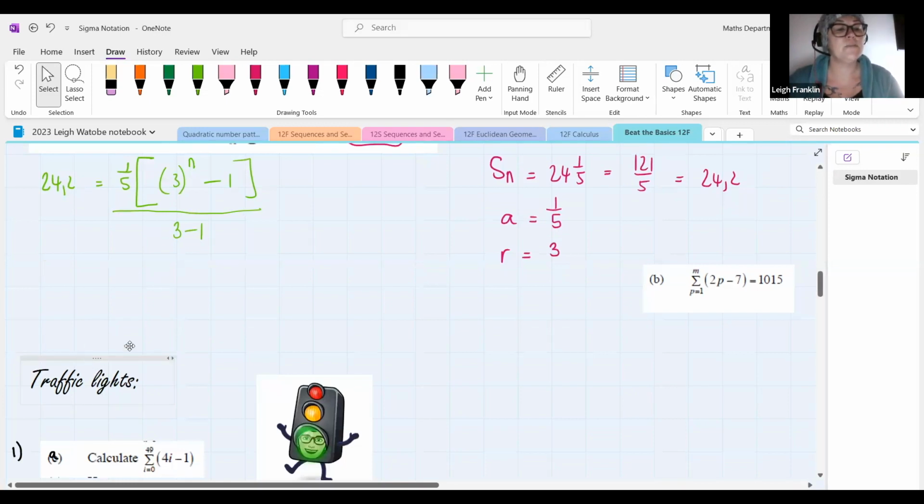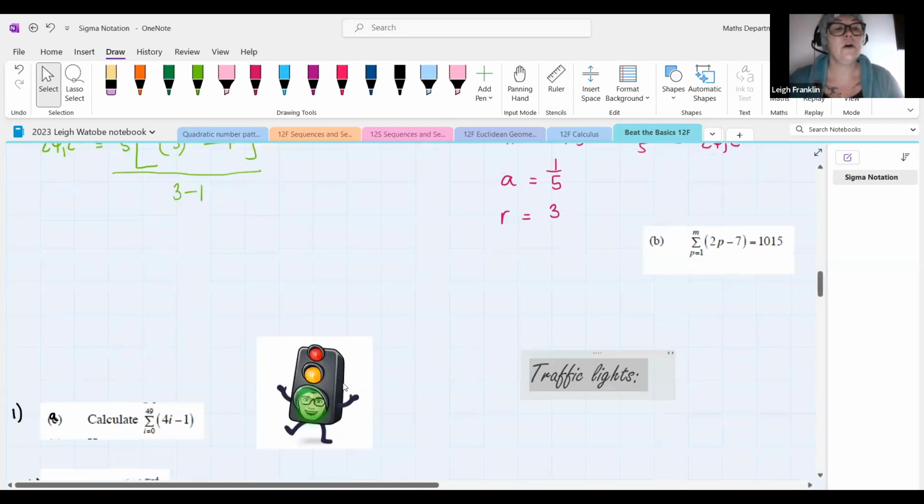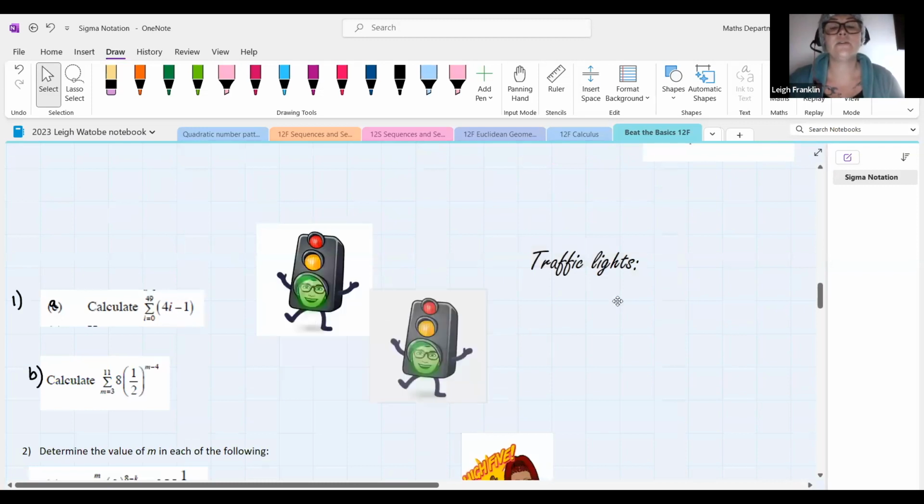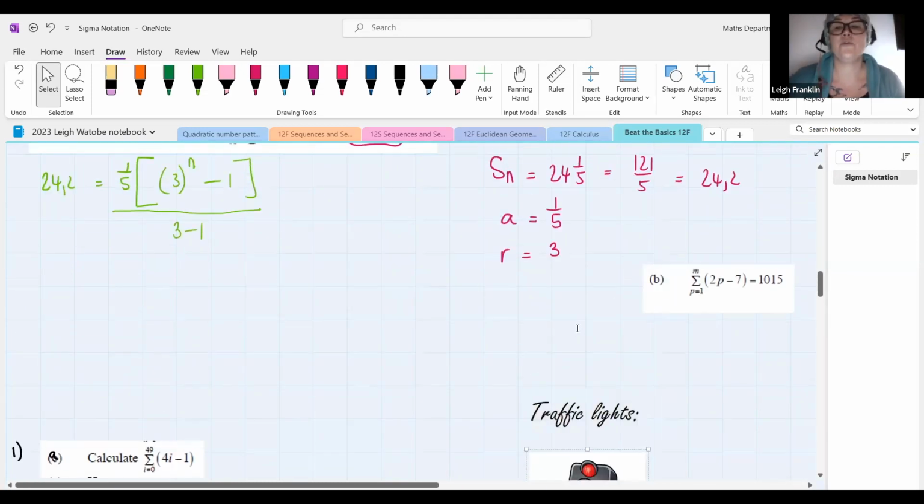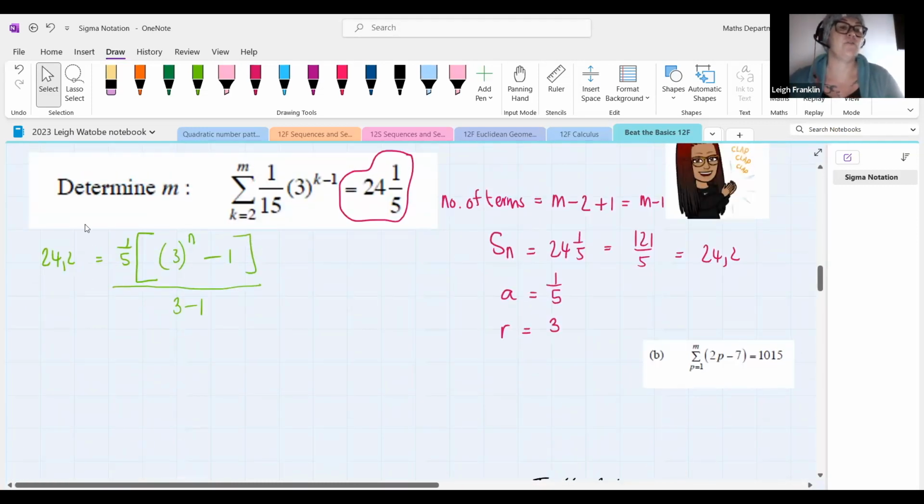I know you guys have been through this before in class with your teachers at school, but let's just go through this again. The first thing that you want to do, remember, is isolate 3 to the n, or we can write it as 3 to the m minus 1. The first thing that we want to do is cross multiply.